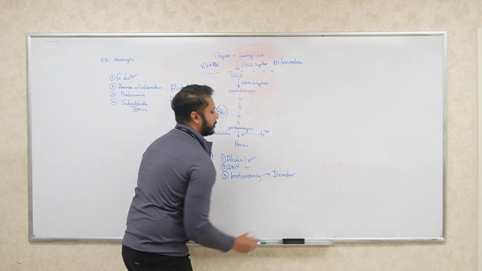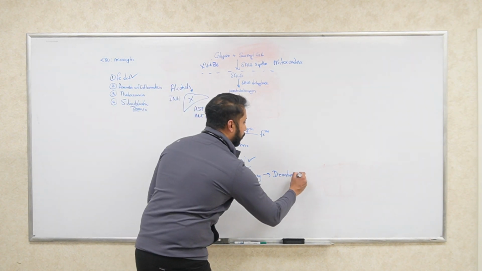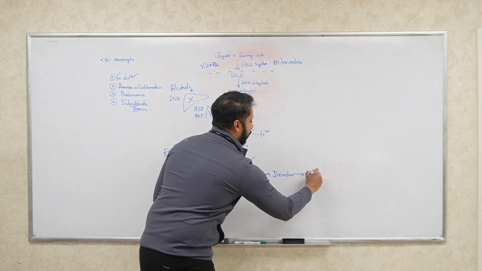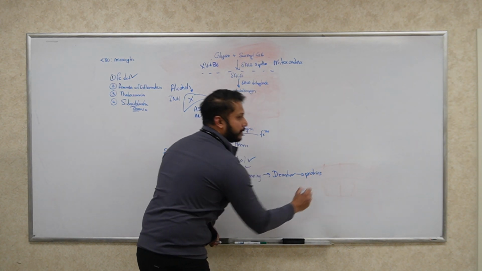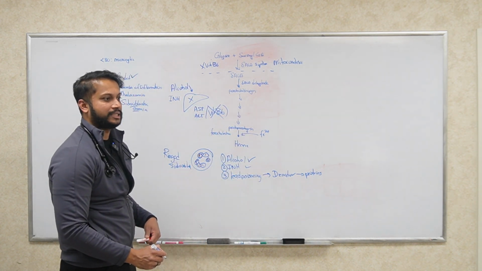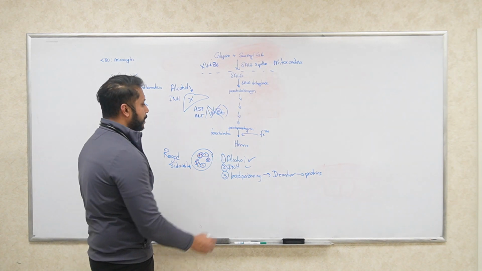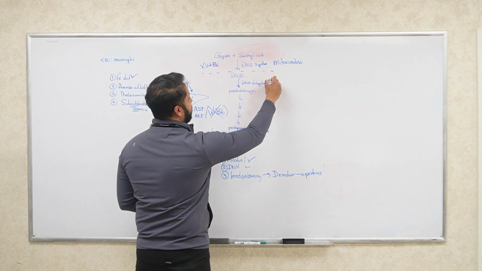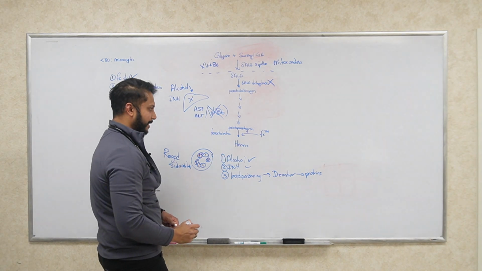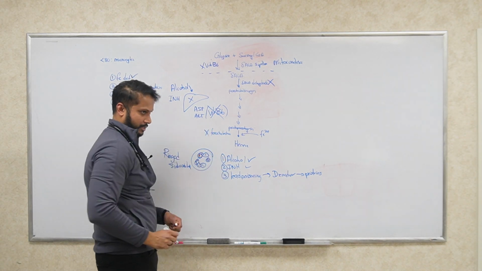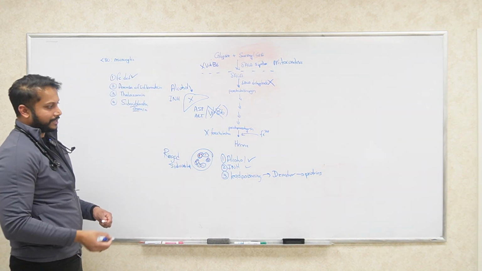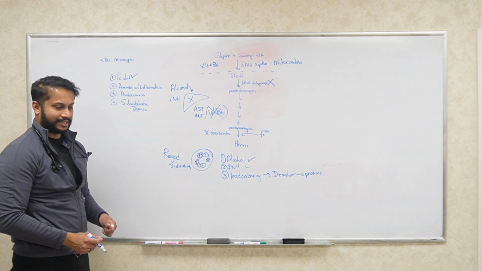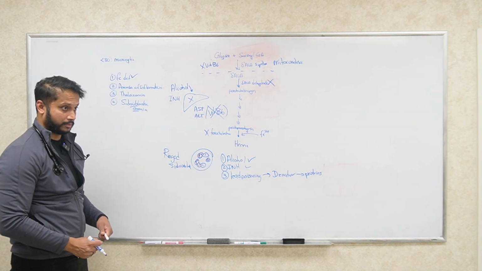What does a denaturer do? It denatures proteins. Are all enzymes proteins? Yes, all enzymes are proteins. So lead denatures your delta-aminolevulinic acid dehydratase and your ferrochelatase. By taking out both enzymes, you end up with sideroblastic anemia and ring sideroblasts.